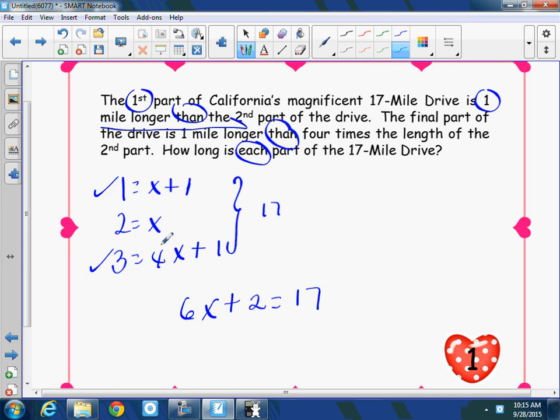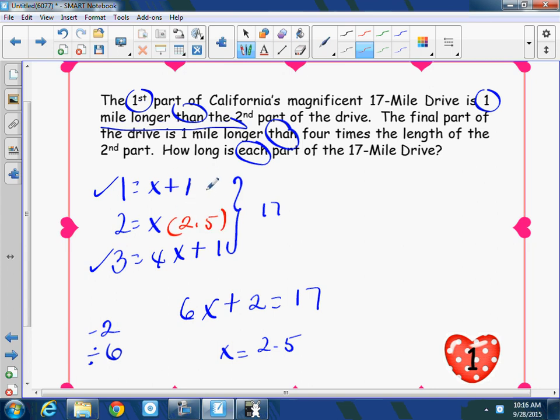So it is 4, 5, 6 x's, and 1 and 1 would be 2. So my steps would be take away 2 because I added, divide by 6. So x equals, you can do this in an equation solver too, 2.5. Which means this part is 2.5.